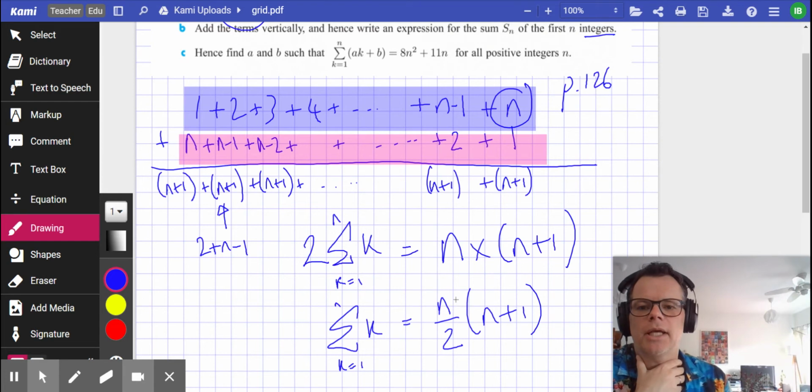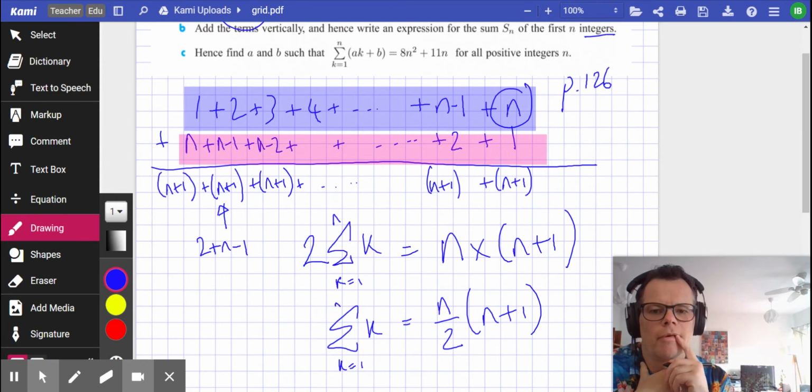It says, hence find a and b such that the sum of k is 1 to n of ak plus b is 8n squared plus 11n for all positive integers. Okay, so I know that the sum is n over 2, n plus 1. Oh, I see, I get what it's saying.